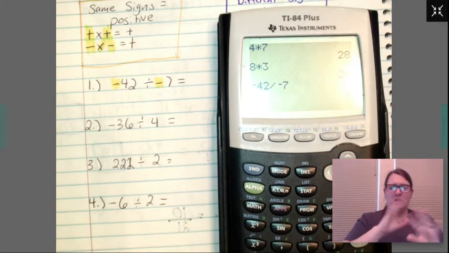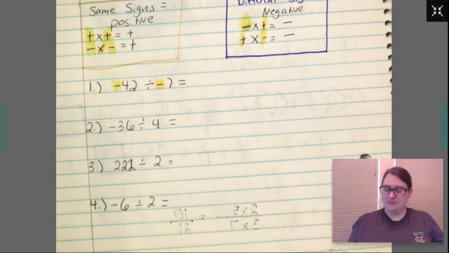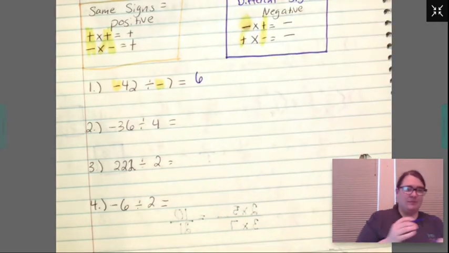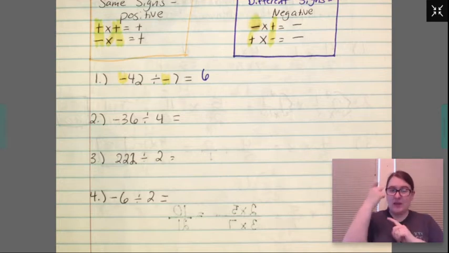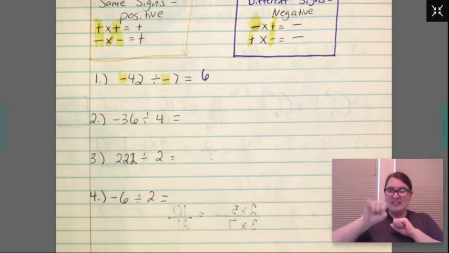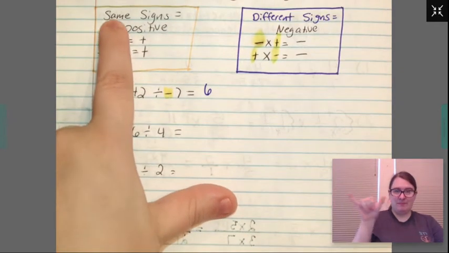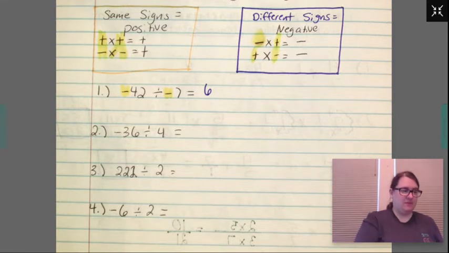Doesn't really show very clearly, but my answer is 6. Okay, and my answer is positive because both signs are negative. And if it's the same, then the answer is positive.